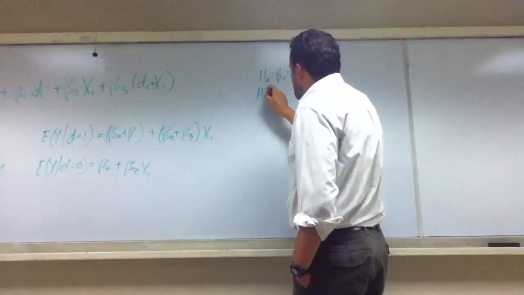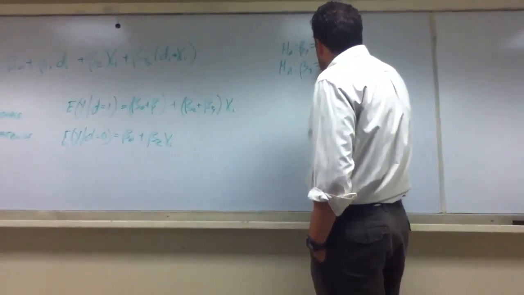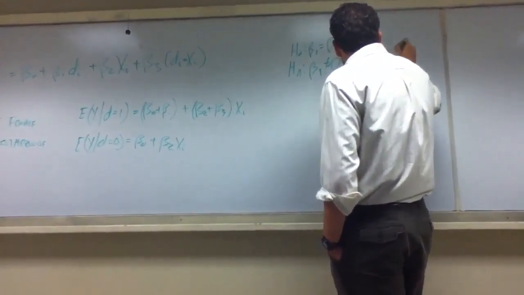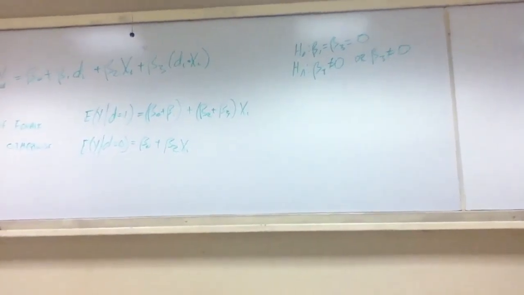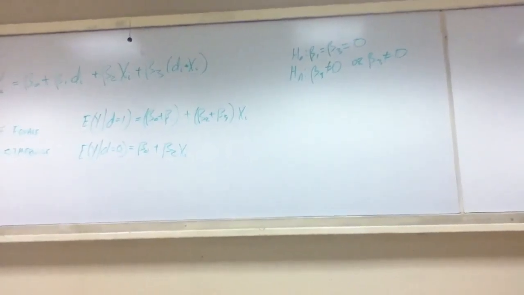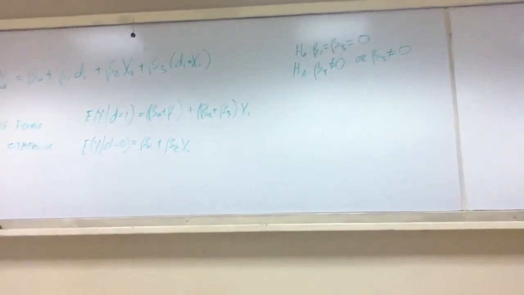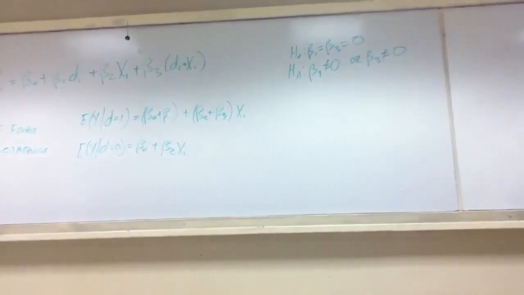And your alternative is that at least one of them is not. Anytime there's more than one restriction, we have a joint hypothesis, and we have to do an F-test. We have a restricted model and an unrestricted model.